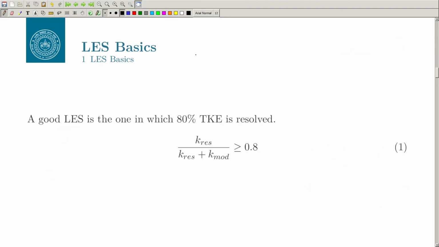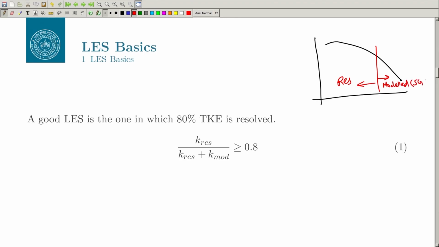Okay. So, we have discussed that the kinetic energy spectrum has two parts. One part is resolved and the other part is modeled, which could be the SGS model.